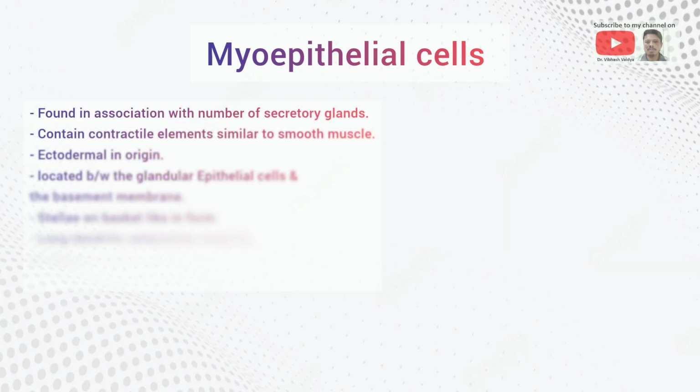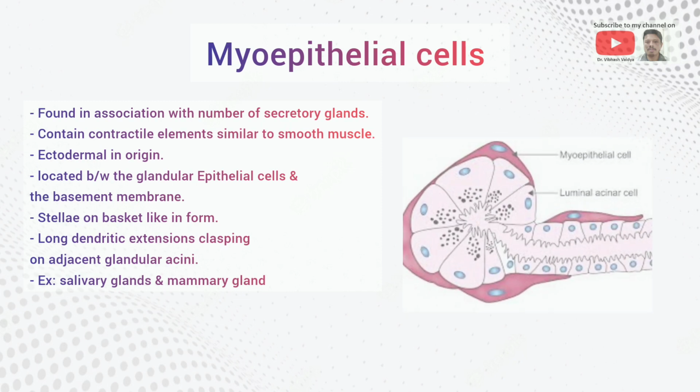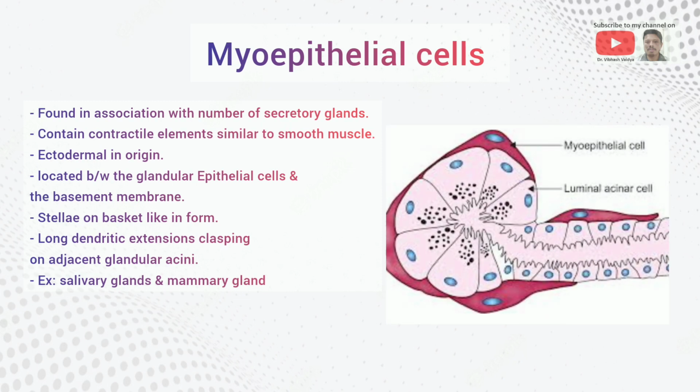Now the myoepithelial cells. Myoepithelial cells are found in association with a number of secretory glands. The myoepithelial cells contain contractile elements similar to the smooth muscles. These myoepithelial cells are ectodermal in origin.